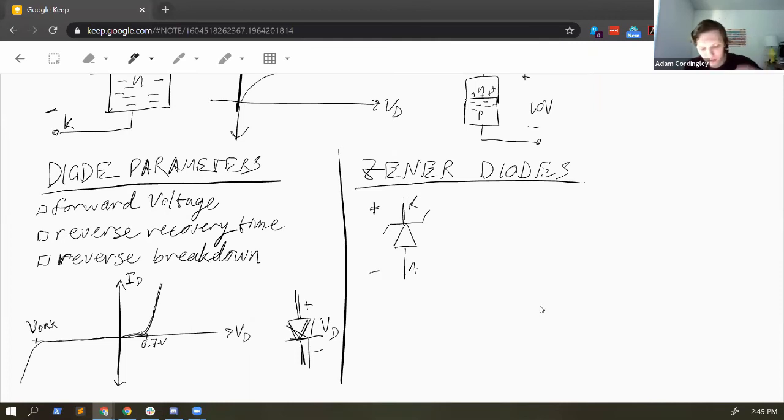So its graph is the same as our plot over on the left here, except that it's got a very specially defined breakdown voltage. We would call that the Zener voltage.